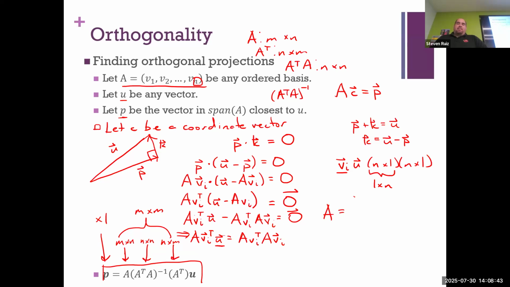Basically what A looks like is column 1 is V1, then V2, all the way up to Vn. But for every one of these vectors, how many entries are in each one? M. They go from 1 to M. So does it make sense that P is M by 1?